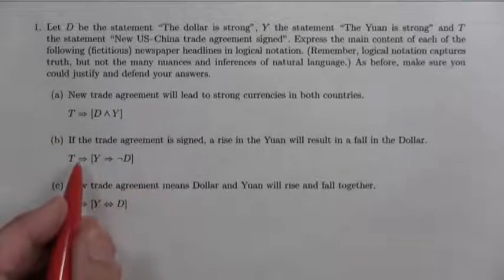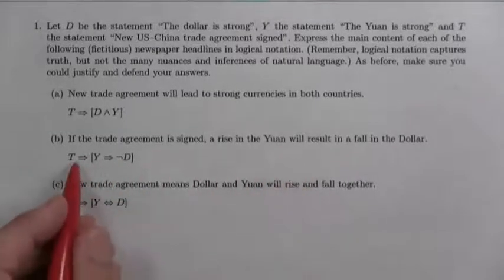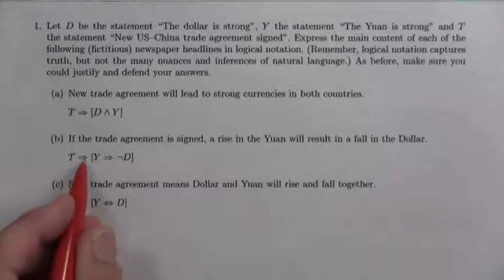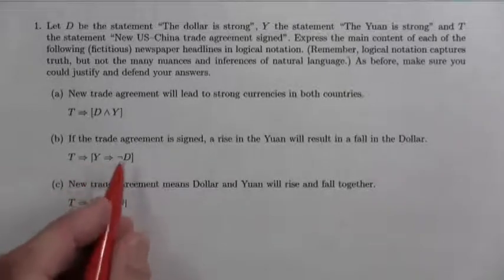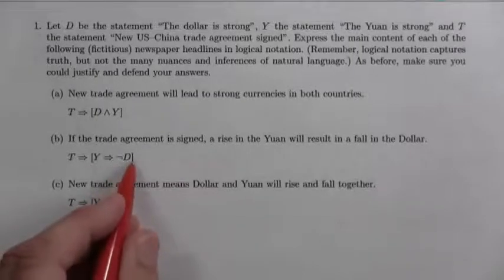Let's look at B. If the trade agreement is signed, a rise in the yen will result in a fall in the dollar. So if we have the trade agreement, then it follows that if the yen rises, the dollar falls. There's actually another way you could write that.